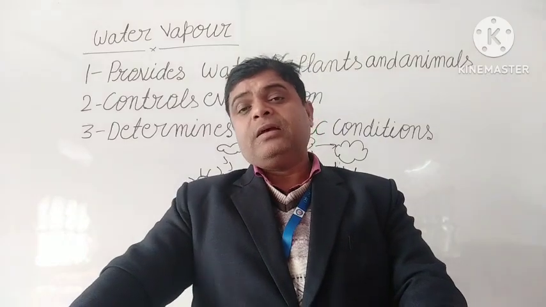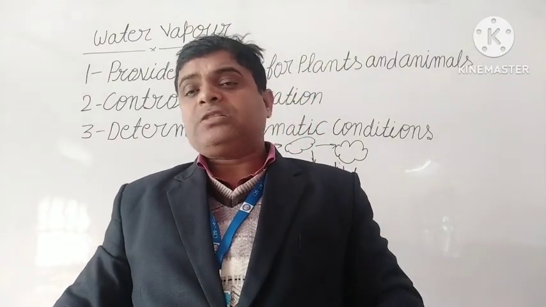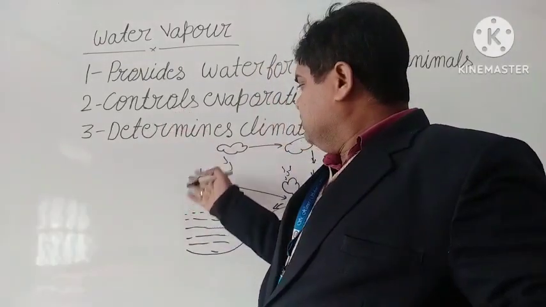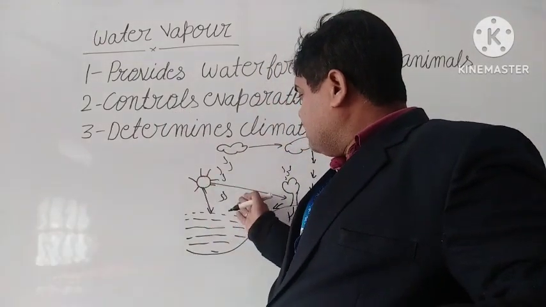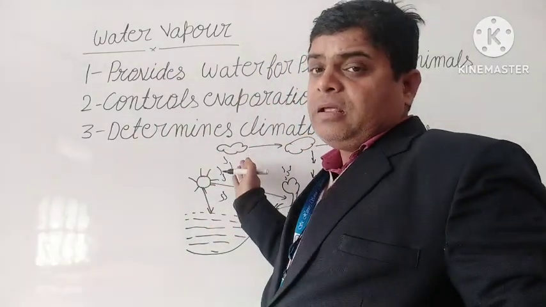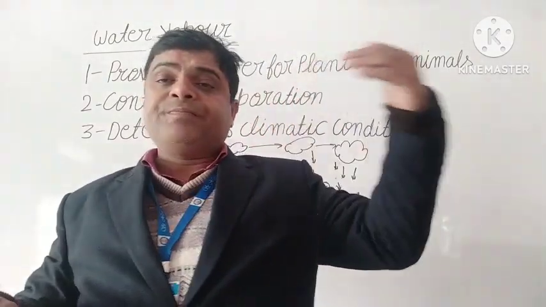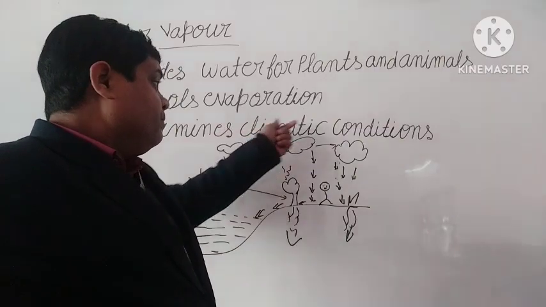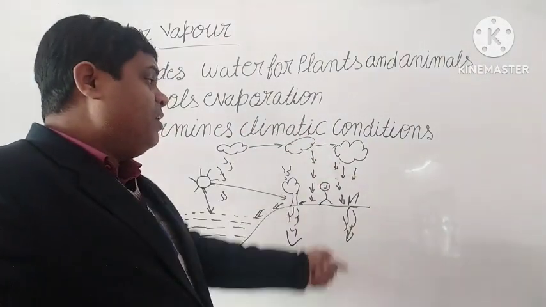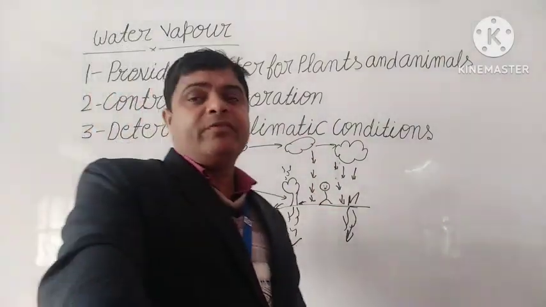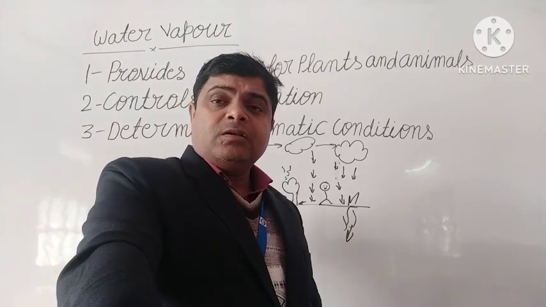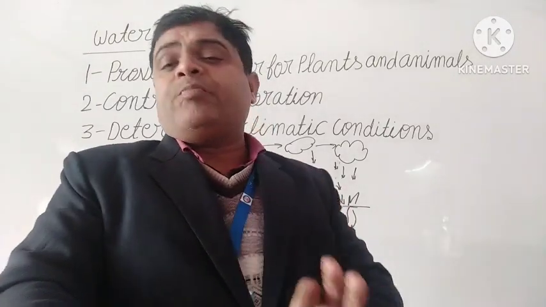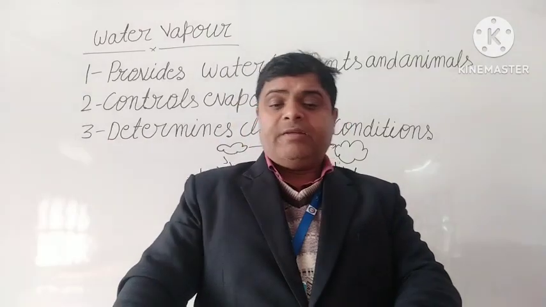Because at that time the temperature is higher, so in such conditions the water changes into vapor form. Clear? And when the temperature is lower, it becomes heavier, and after that it falls on the earth in the form of rain. Clear?